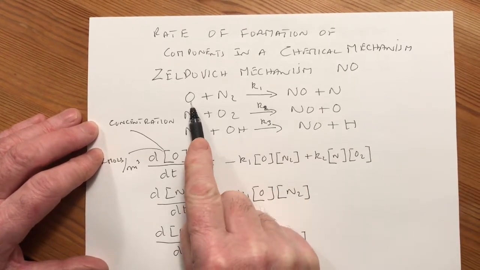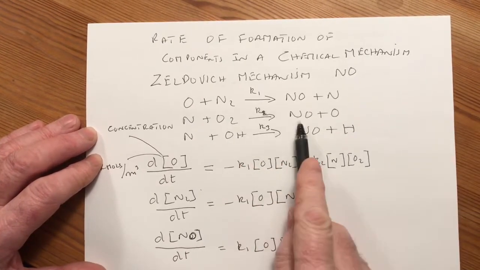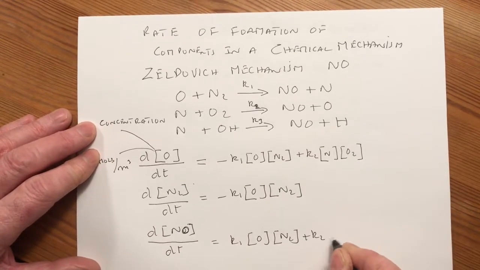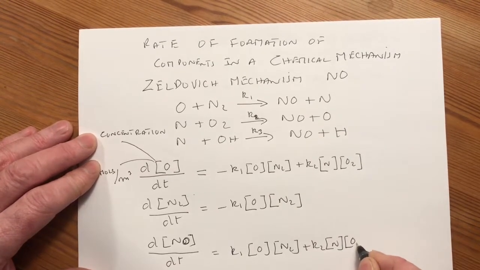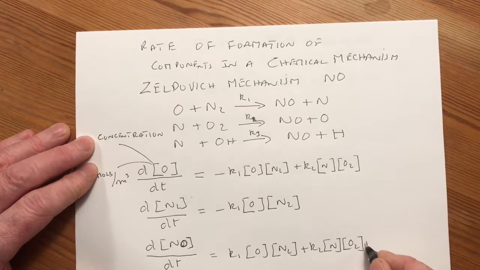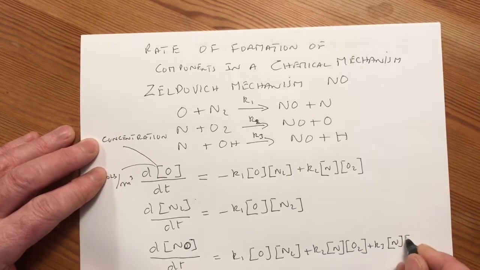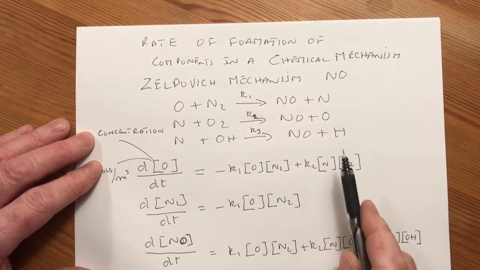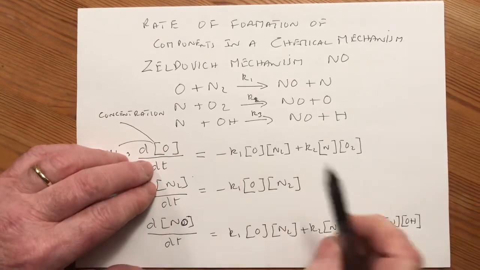The next reaction again simply says plus K2, N multiplied by O2. And then we have the last reaction, which simply says plus K3 by N multiplied by OH. Good. So we can continue on down, taking each individual component.